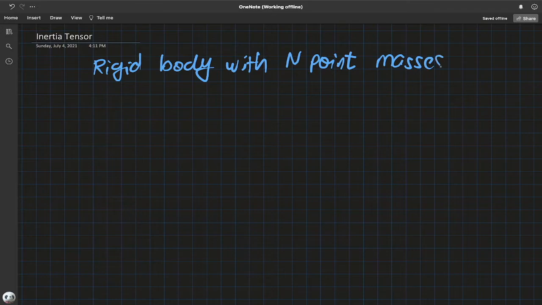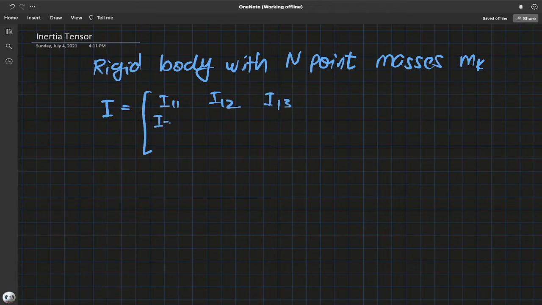That's why I said discrete distribution. So the inertia tensor is something like this: I11, I12, I13, I21, I22, I23, I31, I32, I33.